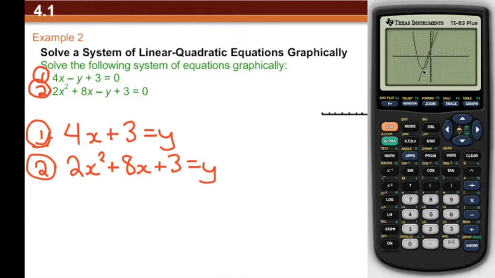Now, as we can see, we have 2 points of intersection, one down here and one up here. We need to find exactly where those are.